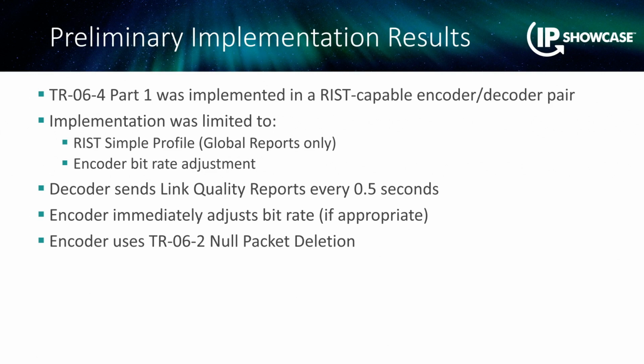We also use TR06-2 null packet deletion, and that's something that I kind of glossed over. Many professional-grade decoders need a constant bitrate stream, a constant bitrate transport stream. So how do you do that? Because I'm changing the bitrate. So what you do is you change the video bitrate, you add null packets to compensate. That's what the encoder will do.